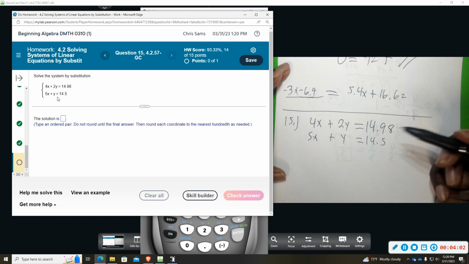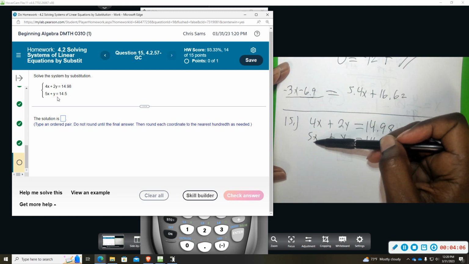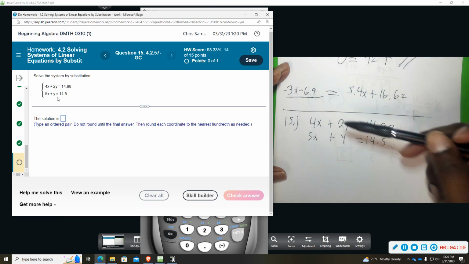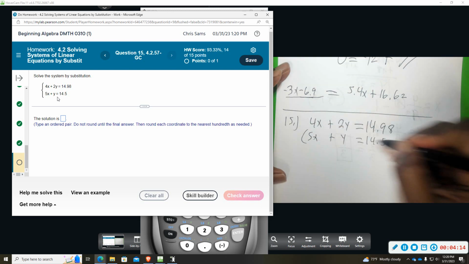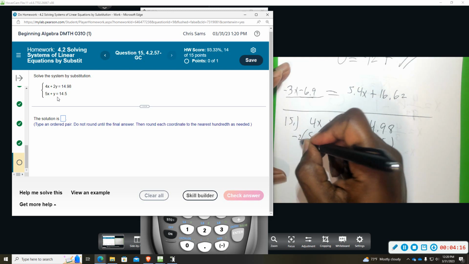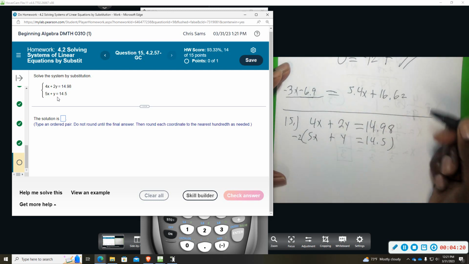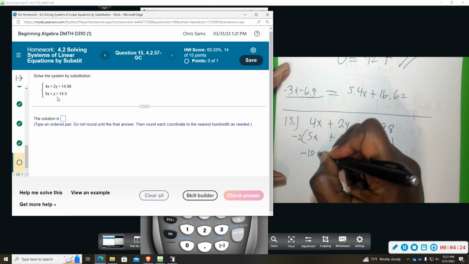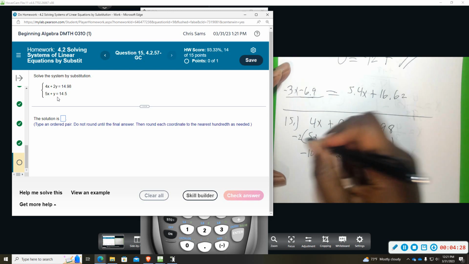Okay, I can't multiply 4 and get it to equal 5. I can multiply 1 to get it equal to 2. I need it to be opposite signs, so I'm going to multiply this equation by negative 2. Negative 2: 2 to get the same number, negative to get the opposite sign. So negative 2 is going to give me negative 10x minus 2y.